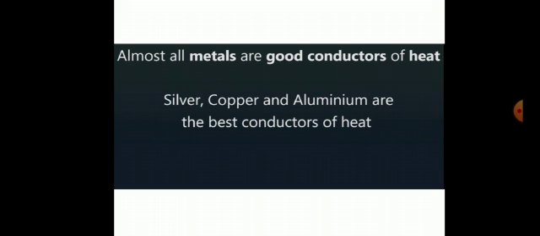You might have seen that generally the vessels or the pots which are used for cooking purpose, they have copper as a base because copper is a very good conductor of heat. Aluminium is also used in preparation of cooking utensils.